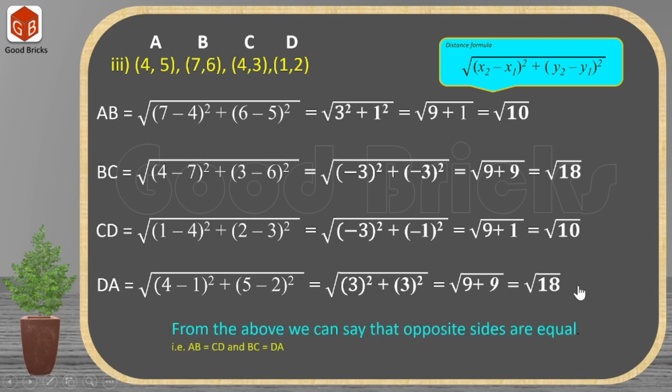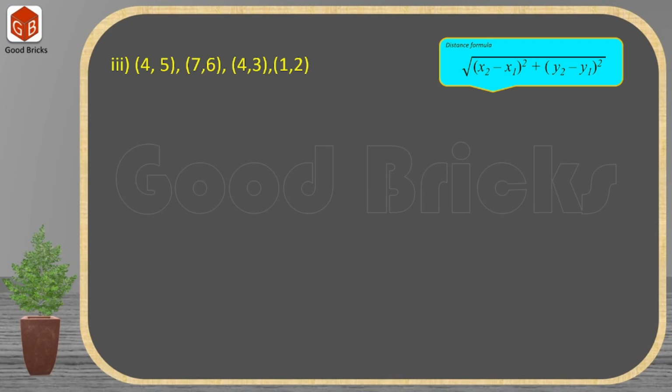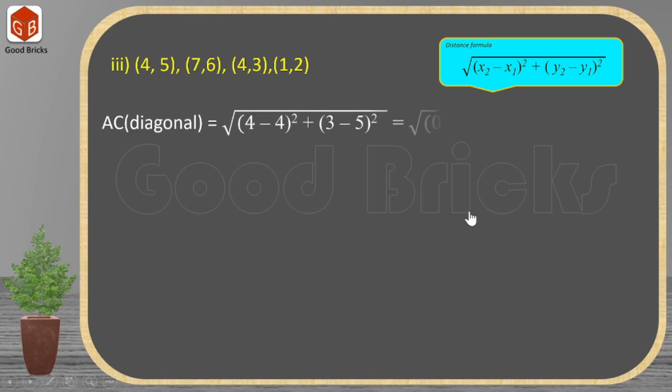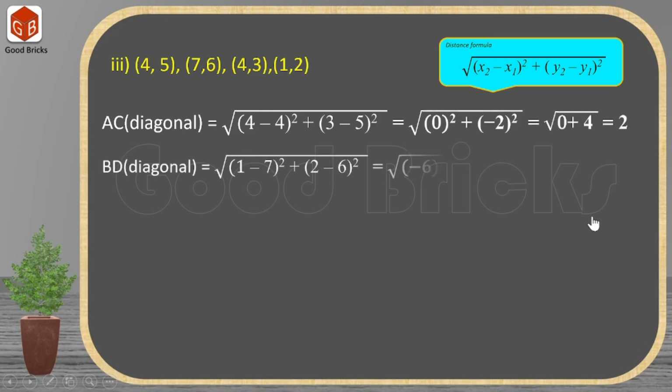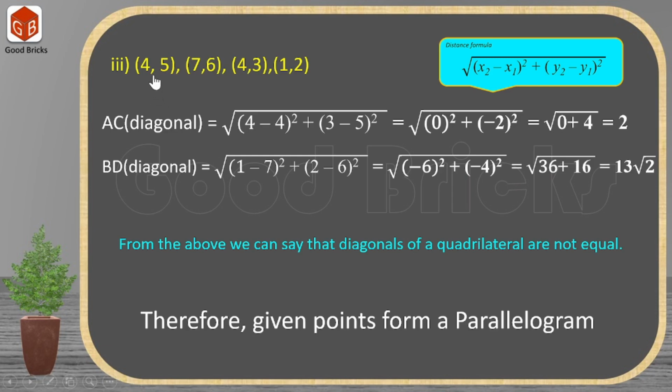From this, we can say opposite sides of the quadrilateral are equal. Let us now check the diagonal lengths. AC length we got 2, BD length we got 13 root 2. So they are not equal. From this we can say opposite sides are equal but not the diagonals. So this kind of quadrilateral is called a parallelogram. So we can say these 4 points form a parallelogram.